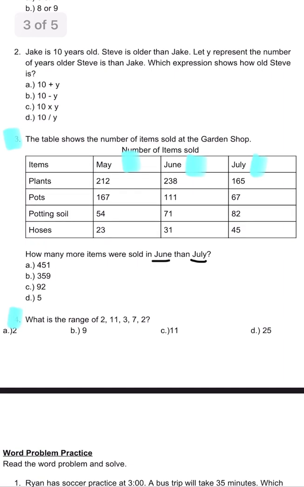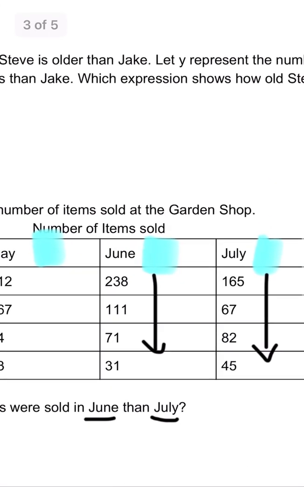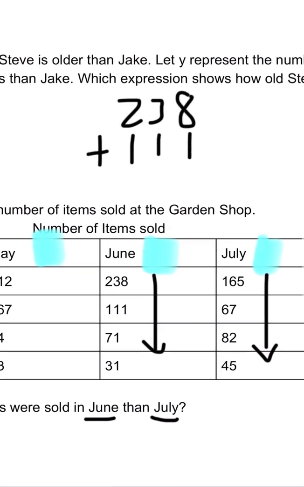If we're looking at how many more items, we know that we're finding the difference. So we're going to add up all the values here as well as here, and we're going to find the difference between them. So 238 plus 111, and we have 349.